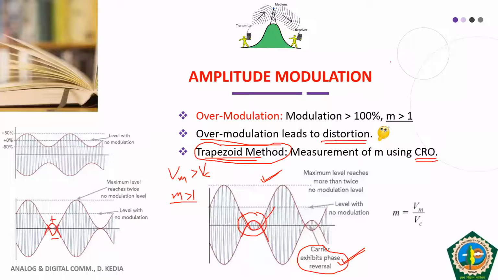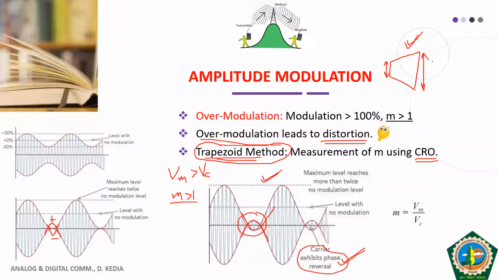Just to briefly tell you, when you try to measure modulation index in the lab using a CRO, you come across such a waveform on your CRO, and the larger side of this trapezoid is called Vmax, and this smaller side of the trapezoid is called Vmin.